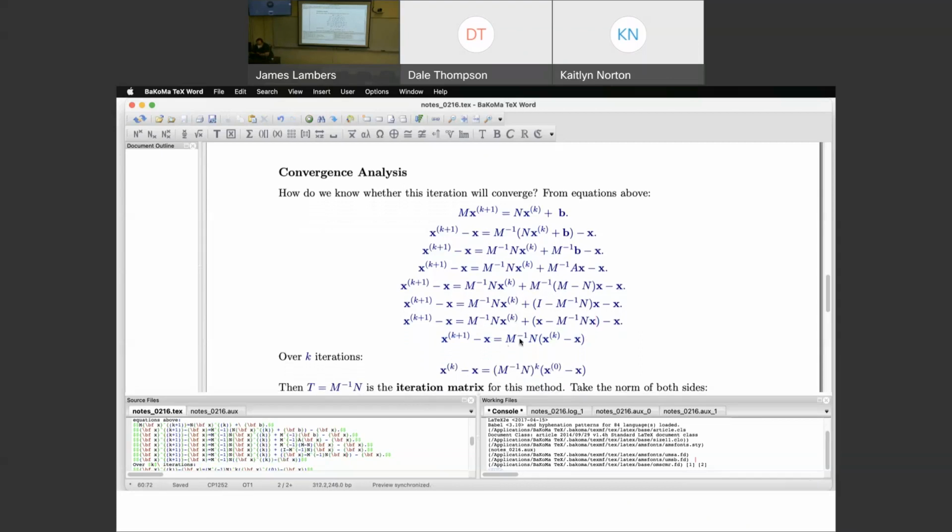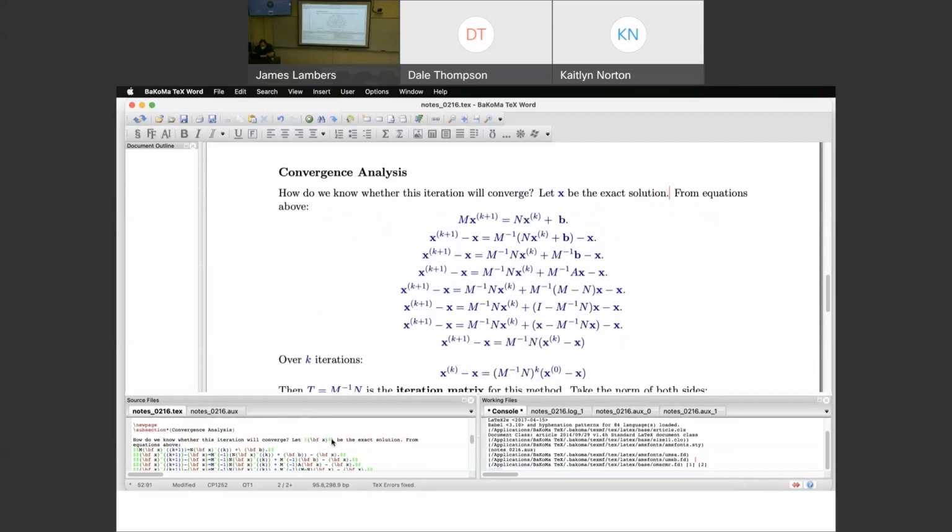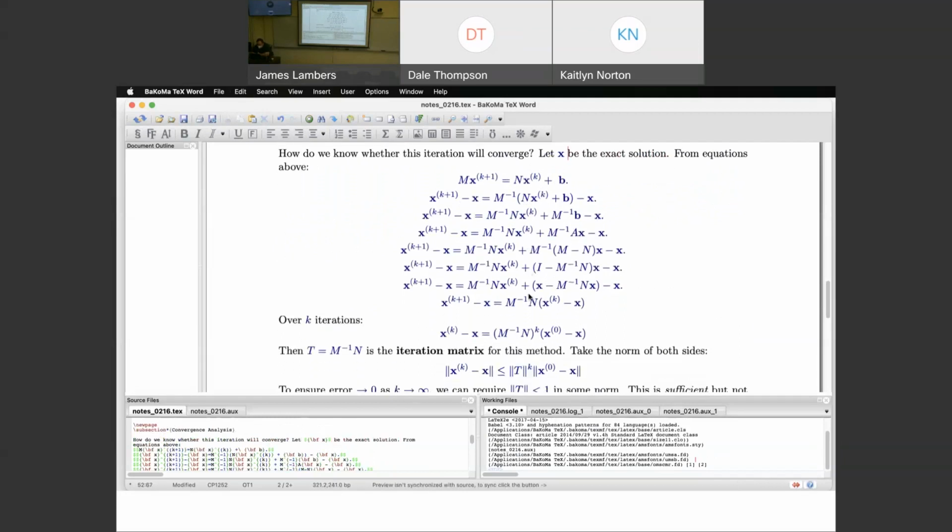Now what this means is the error after k iterations, any derivative x by itself refers to the exact solution, that the error after k iterations multiplied by M inverse N is the error after k plus 1 iterations.